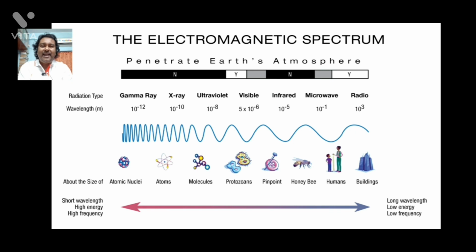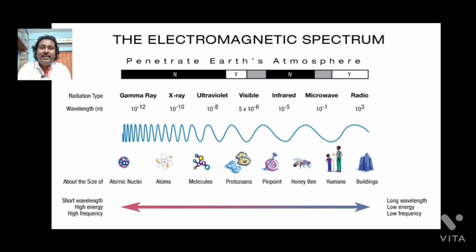If you see the diagram, you can easily understand that to resolve atomic nuclei, gamma rays, which are very short in wavelength, are used, and to see human beings or buildings, radio waves or microwaves can be used. Okay. So, when the wavelength of light is decreasing, the limit of resolution is increasing.